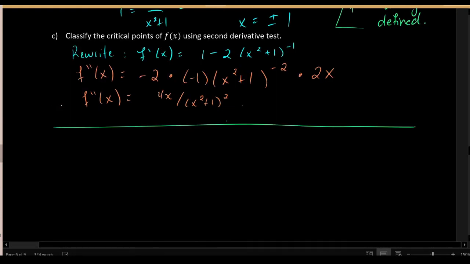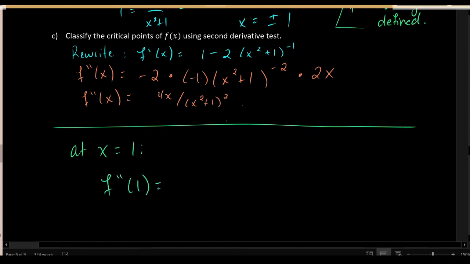In the second derivative test, we don't have to worry about what's going on around the critical points. We only have to check what's going on at the critical points. So, at the critical point x equals positive 1, what is f double prime doing?